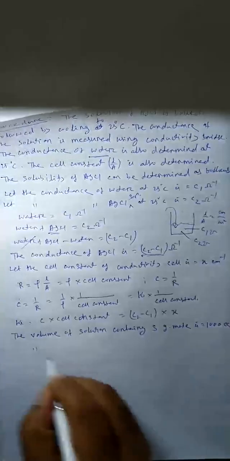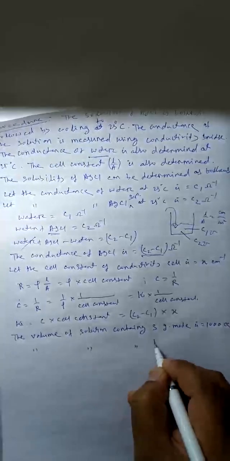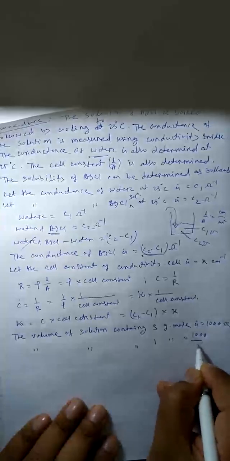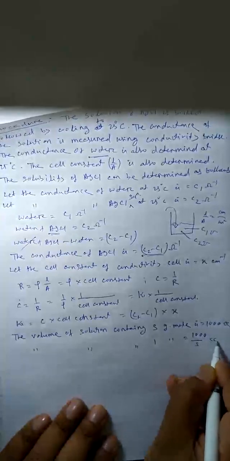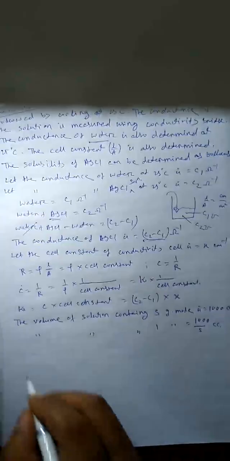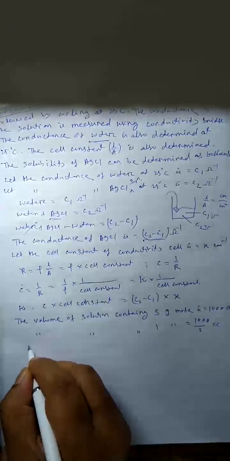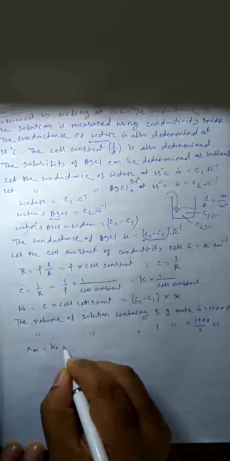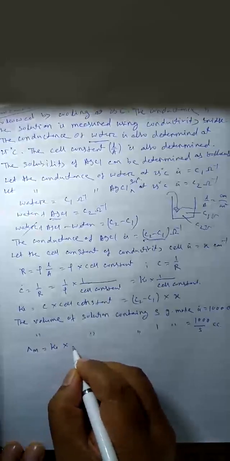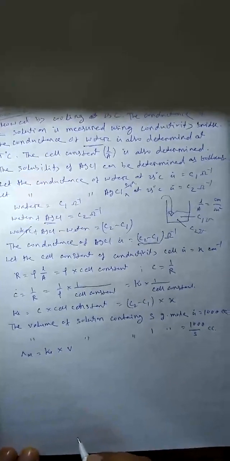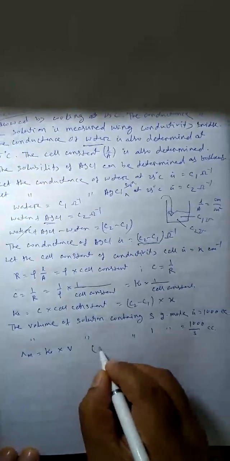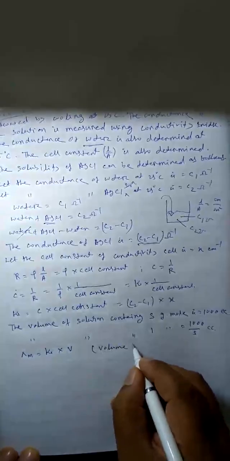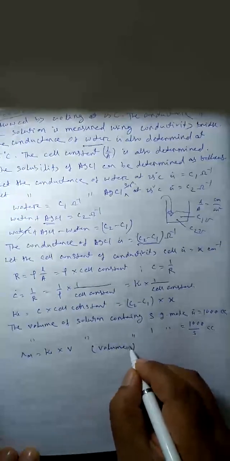Thus the volume of the solution containing 1 gram mole is 1000 by S cc. Then the molar conductance formula is lambda m equal to conductivity into volume, where V is the volume containing 1 gram mole.